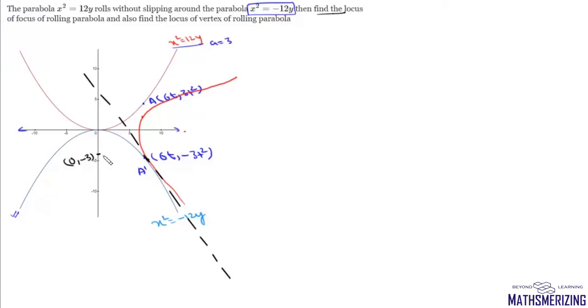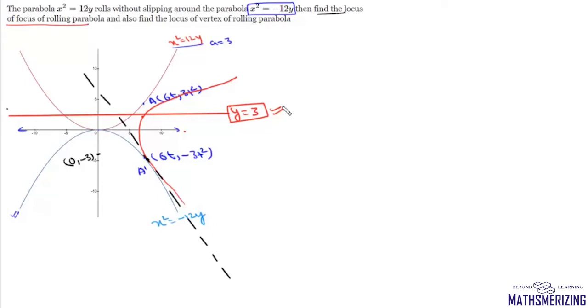So the focus of the rolling parabola will lie on the directrix of the fixed parabola, which is y equals 3. So the answer to the first question is that the locus of the focus of the rolling parabola will be along the line y equals 3. This first part is very simple.